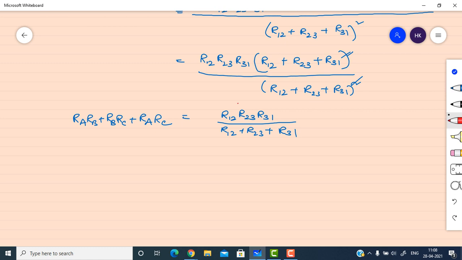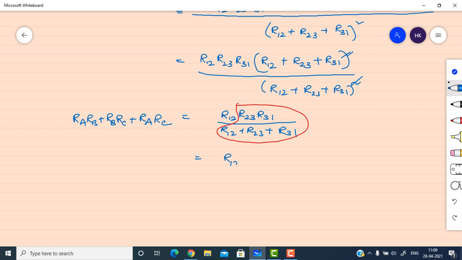See, if I remove R12 and observe the remaining part, this is the equation for what? R23 into R31 by R12 plus R23 plus R31. That is the RC equation. So we can replace the whole thing with RC.